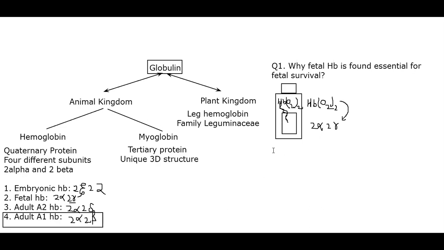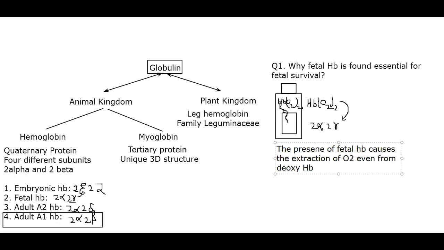Okay, so I'm going to write the answer here. The presence of gamma, the presence of fetal hemoglobin causes the extraction of oxygen even from deoxyhemoglobin of the mother's RBCs.